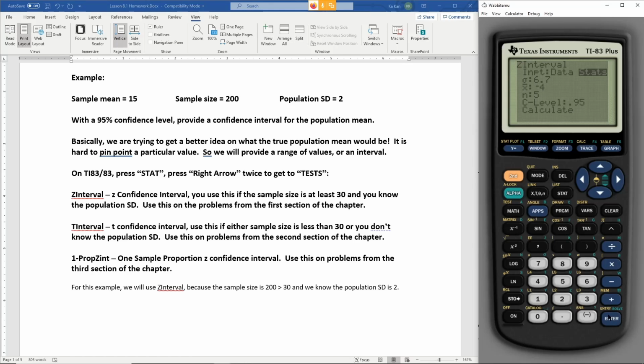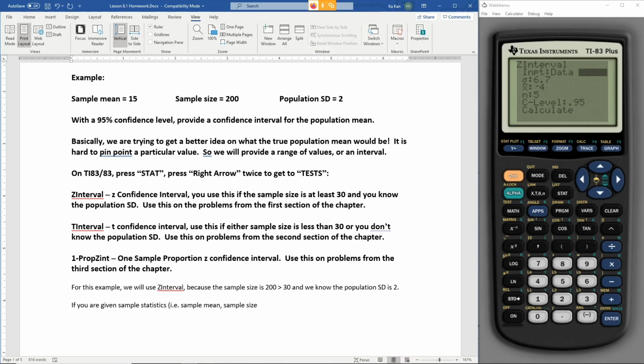Now, here's the deal. If you are given sample statistics, what are sample statistics? These, i.e., the sample mean, sample size, that sort of thing.